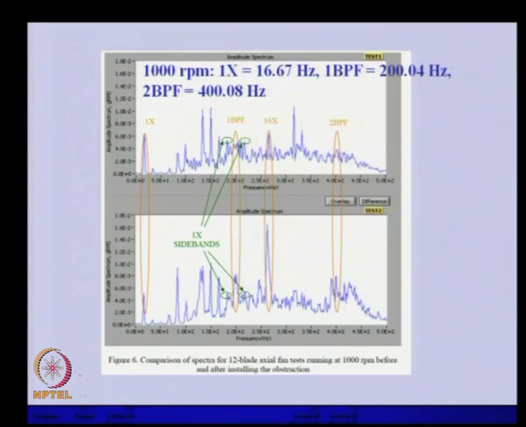So, we can see there is a 1x, one blade passing frequency is this one, and there are sidebands to that. This is the component of the 16x of the rotational speed. This is twice the blade passing frequency peak. So, this kind of spectra we can expect from such blades.